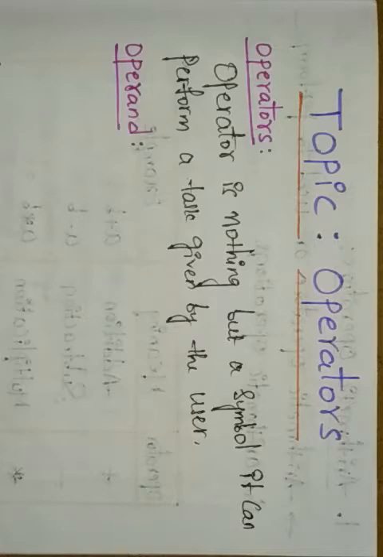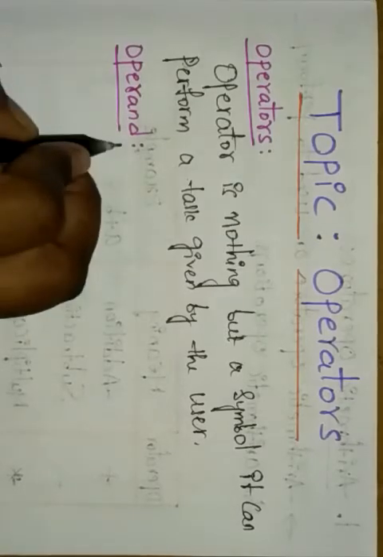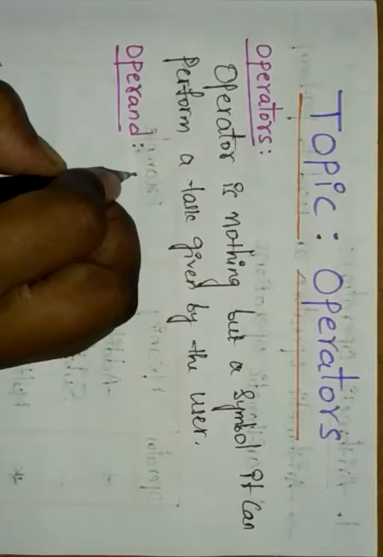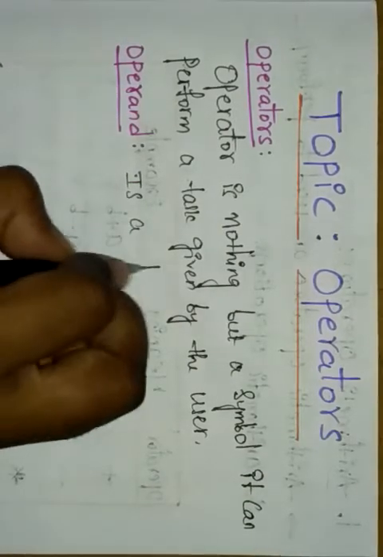And these operators are used with operands. What is an operand here? An operand is a data name or a variable.